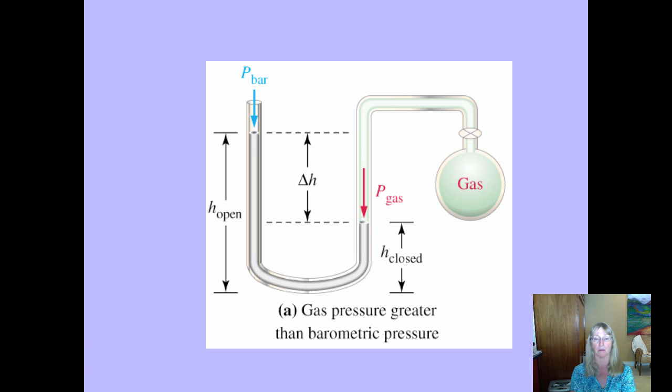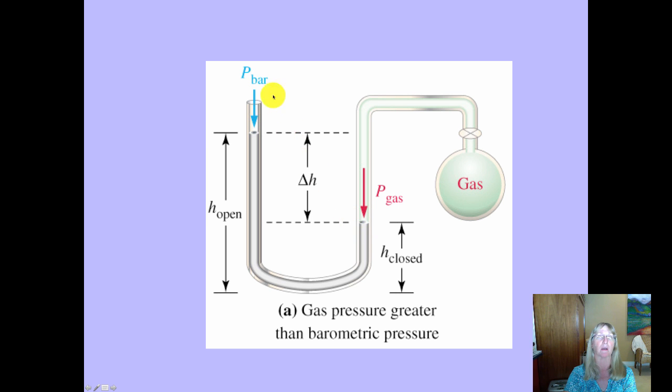Much better picture here. If you look at this open-end manometer, now you see what they really look like. A gas is trapped here. When you open the valve, gas pressure comes up, out, and pushes down on the column of mercury on this side.